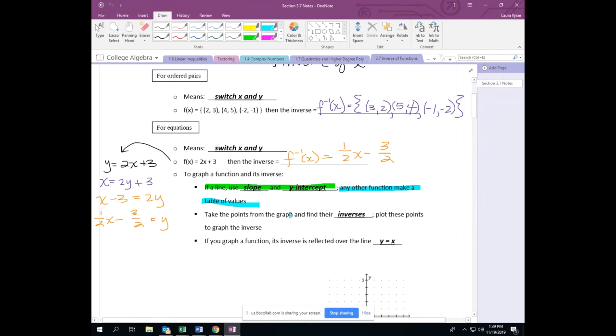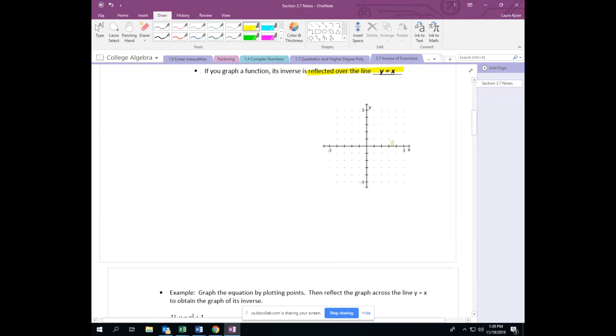You can, but you don't have to, because once you get the first function's ordered pairs, inverse just means switch the x and y, so you can just flip-flop all the points. This is going to create a second graph that is reflected over the line y equals x, which is a diagonal line that goes through the origin, up like this.